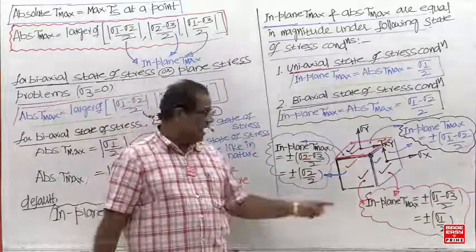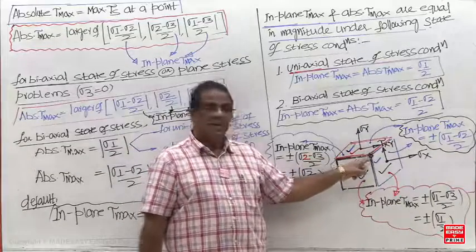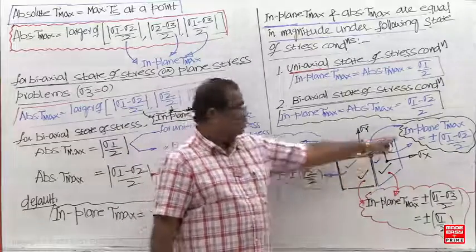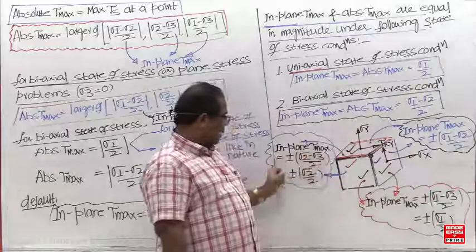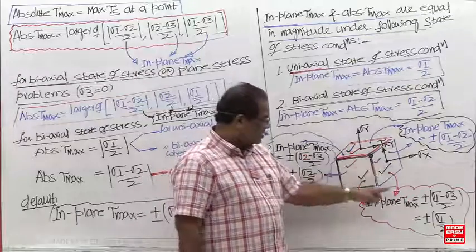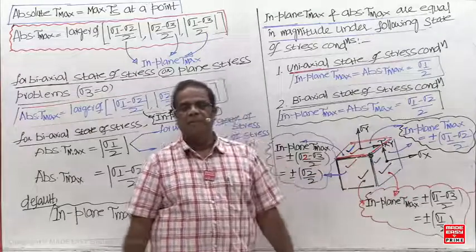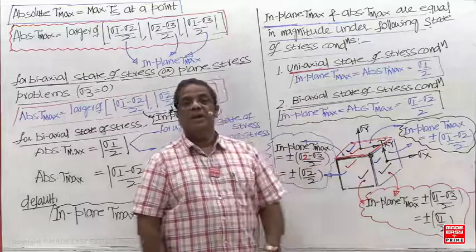But whenever I am designing, I need the maximum shear stress at this point. This much of shear stress you get when the point belongs to x and y. This much of maximum shear stress when the point belongs to y and z. When the point belongs to x and z, this much of shear stress is there. So finally, if I want the maximum shear stress at a point, then I have to take the larger value.